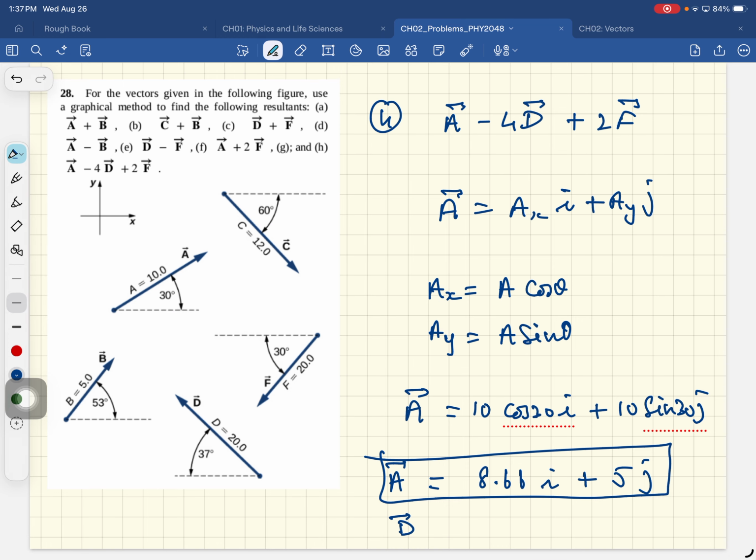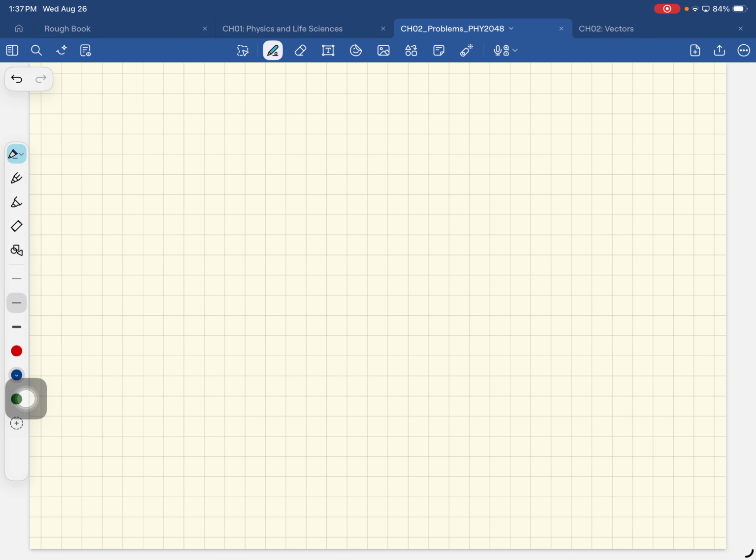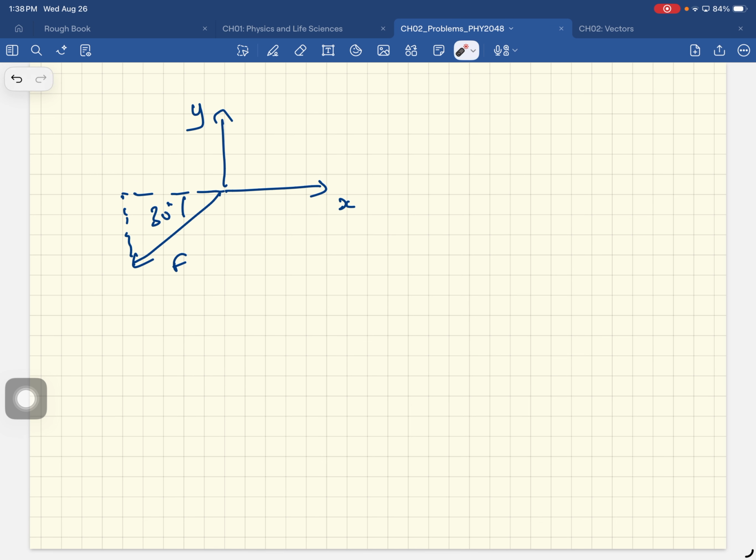That's the i component. And the j component will be 5 minus 4 times that minus 2 times that plus 2 times. So again, whenever you're doing vectors, the first thing you do is find the components of the vectors.